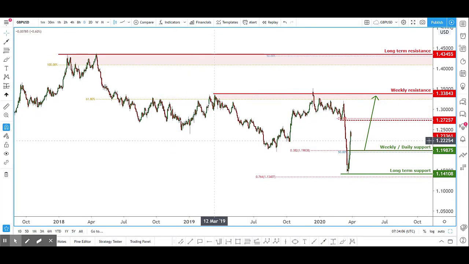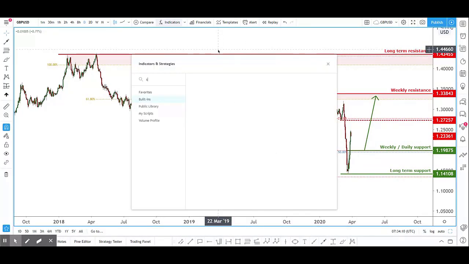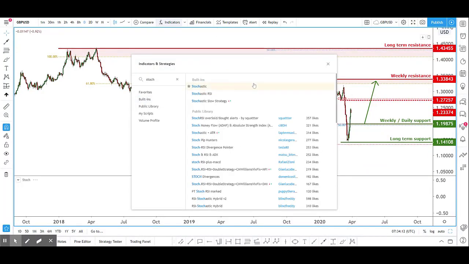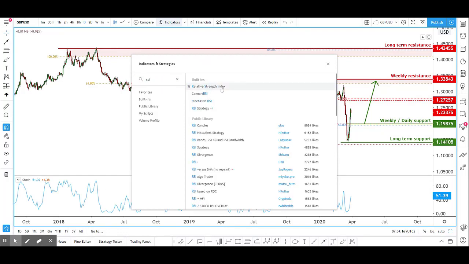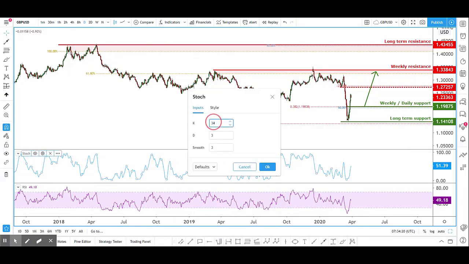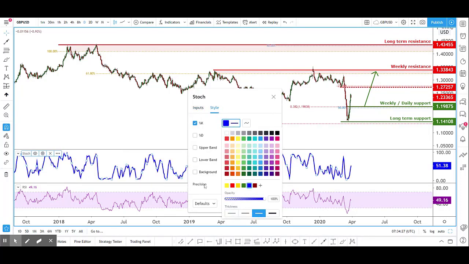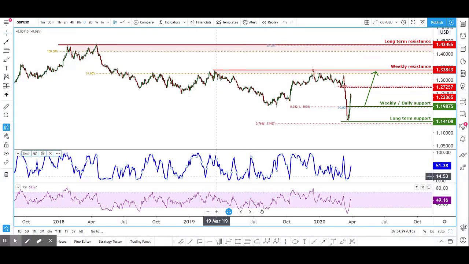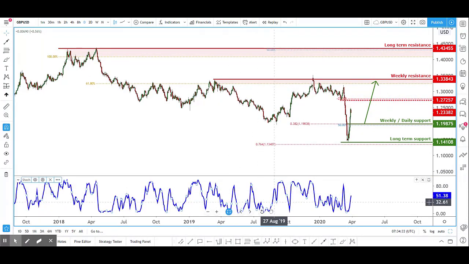Now we want to see whether we can confirm this with any indicators as well. We just pull our indicators, and even the RSI. So stochastic seems quite nice. I'll use stochastics for now.